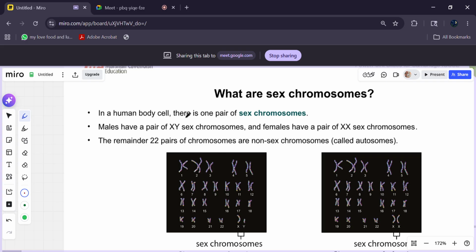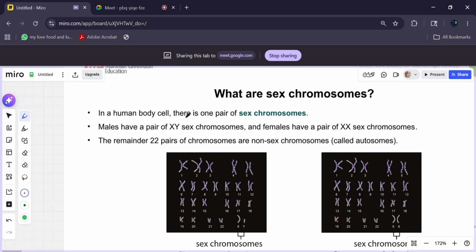Remember that during meiosis, the chromosomes from each pair separate. Hence, each gamete produced can only have one chromosome from each pair. In the male, the X and Y chromosomes will separate during meiosis. The sperm produced contains either a Y or an X chromosome. In the female, the two X chromosomes will separate during meiosis. The egg will contain one X chromosome.